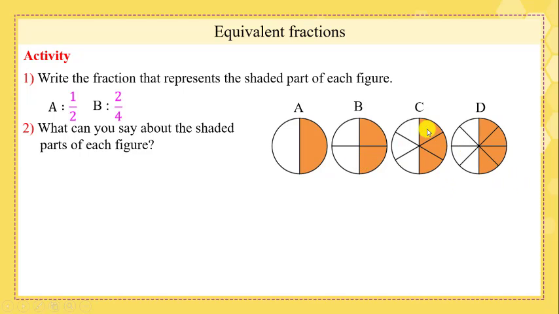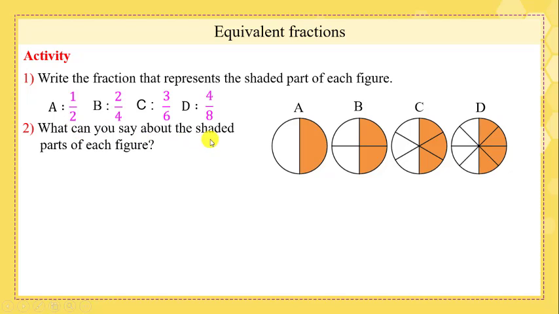In figure C, 3 parts out of 6 equal parts are shaded, so the fraction is 3/6. Finally, in figure D, 4 parts out of 8 equal parts are shaded, so the fraction is 4/8. Excellent.